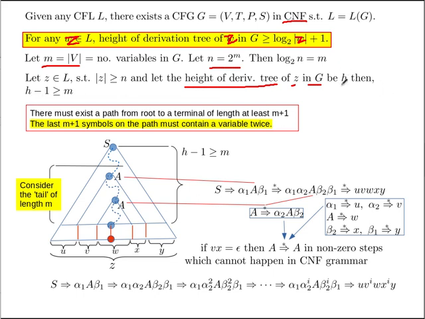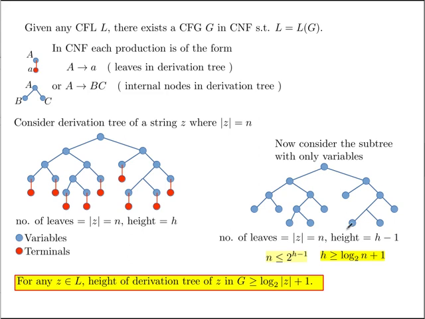So if the height is h, then h minus 1 is greater than or equal to m. That comes from the previous discussion that we have here. So h minus 1 is at least log n.